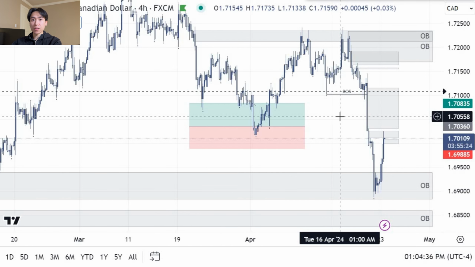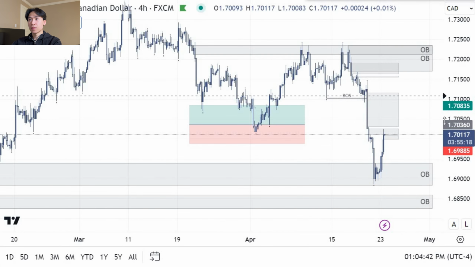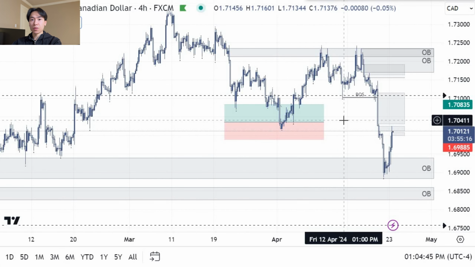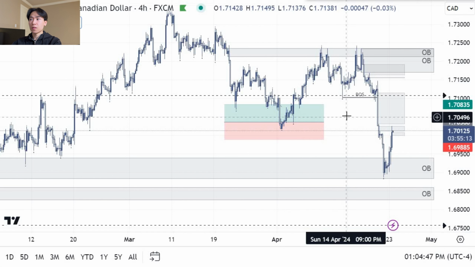I think that's all I wanted to say about the GBP CAD pair. Basically, poor risk management resulted in an $83 loss. You know what? It is what it is. Let's move on to the next one.